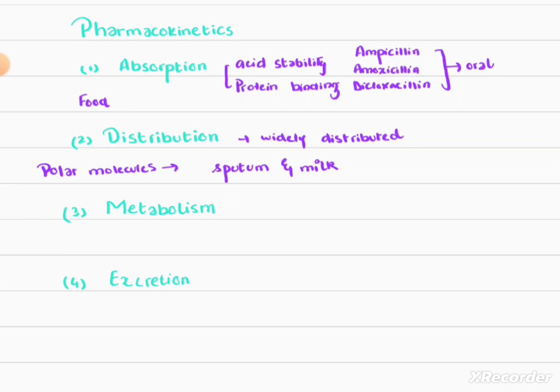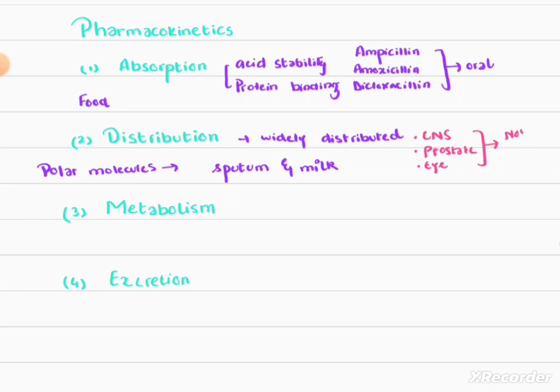Now, the concentration of penicillins is not very good in the CNS, the prostate, and the eye. So in these three regions, the concentration of penicillins is not very good.